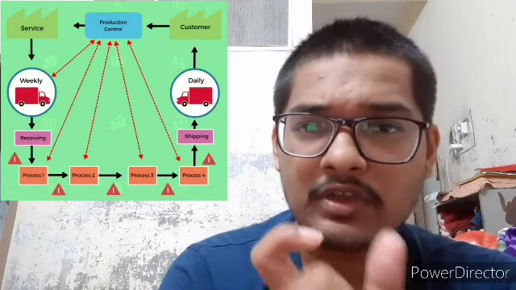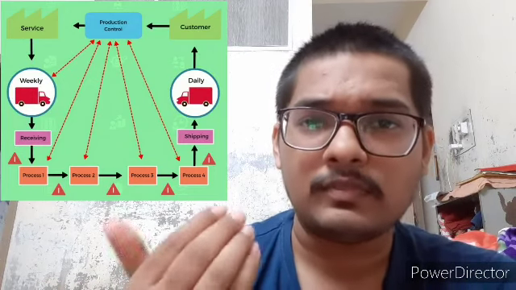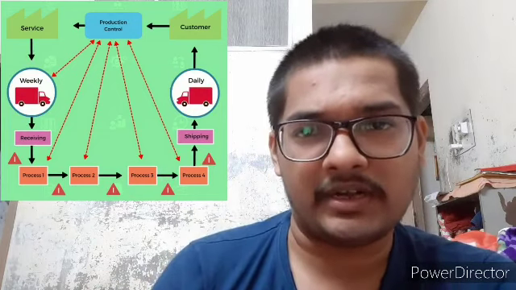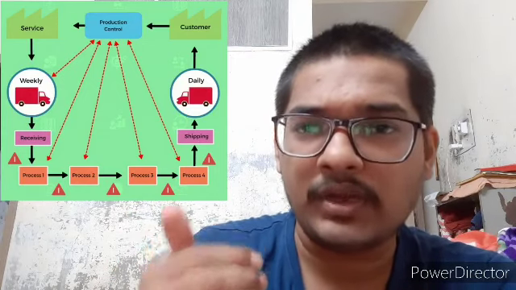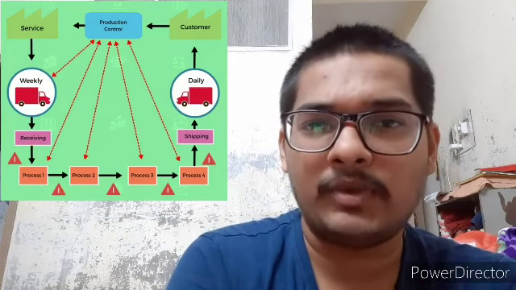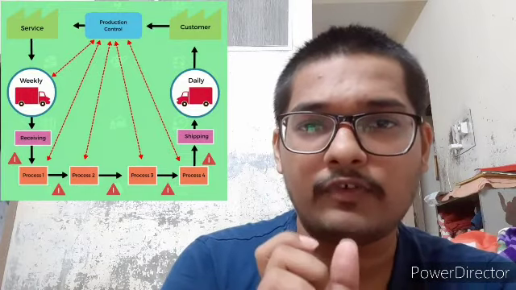The production control unit will share the information with the services, purchase team, manufacturing team, and store team, and they will produce the material. After issuing or receiving the material, there is some manufacturing process. After that, the material will be ready and given to the customer. This is the full process of value stream mapping.